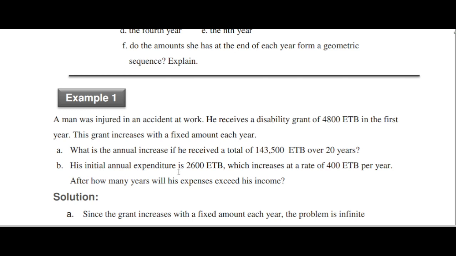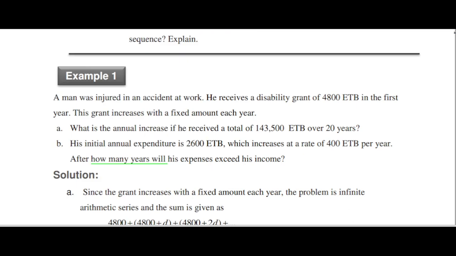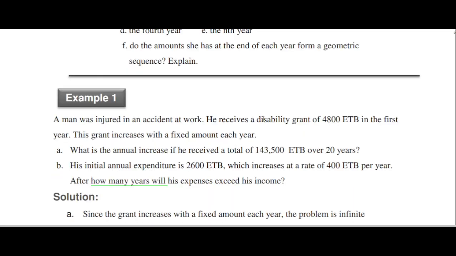His initial expenditure is 2,600 ETB, which increases at a rate of 400 ETB per year. After how many years do his expenses exceed his income? What we want to find here is the n value. So let's calculate this.